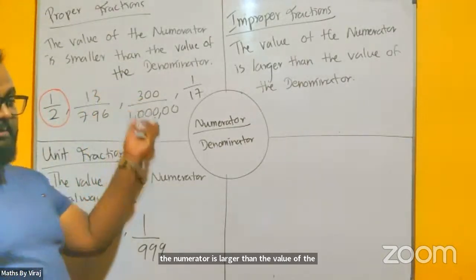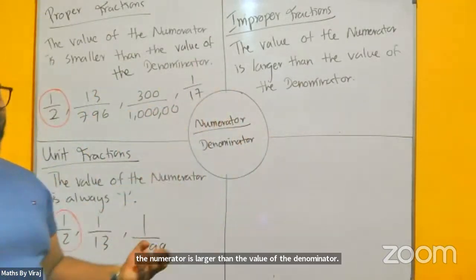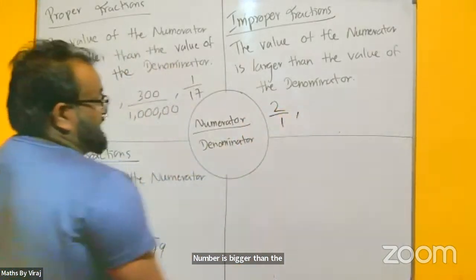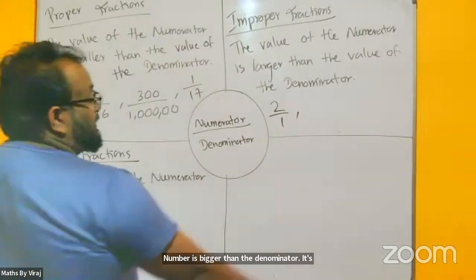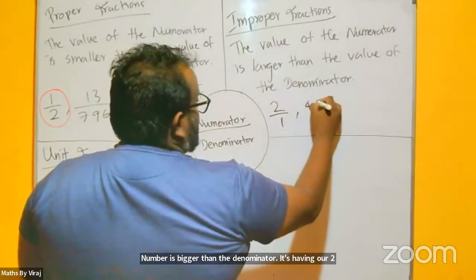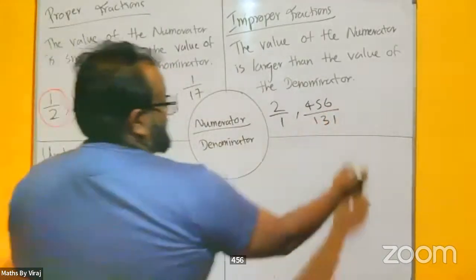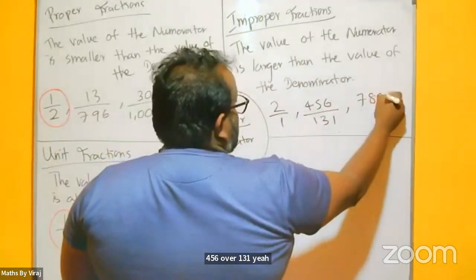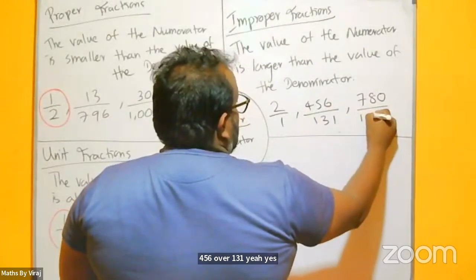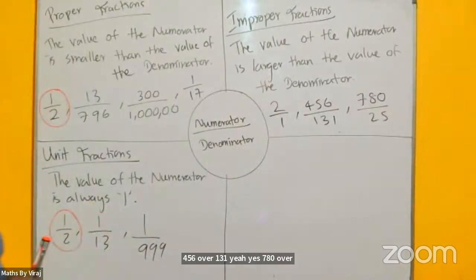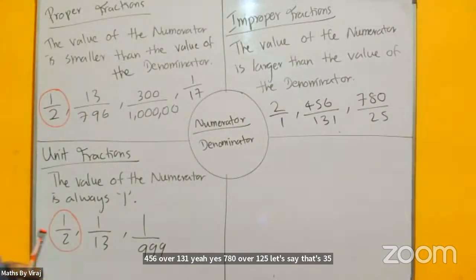The numerator is bigger than the denominator. Let's have it. 2 upon 1. Yes, it is an improper fraction. 456 over 131. Yes. 780 over 125. So these are what? Improper fractions.